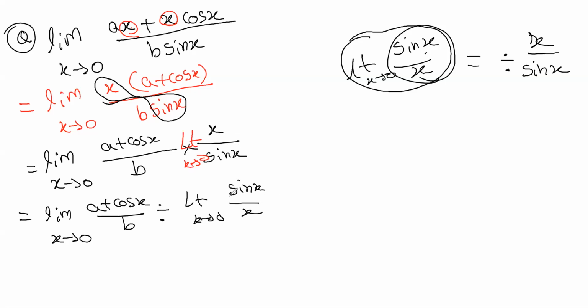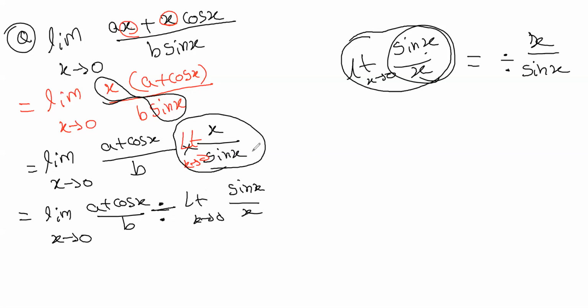Sir, do we have to divide it? Won't the inverse of sin x by x be equal to 1 only? Yes, you have to show this. Although you know limit x tends to 0 of x by sin x is 1, we don't know whether it actually equals 1 or not. So we are making it into division, so that we have sin x by x.